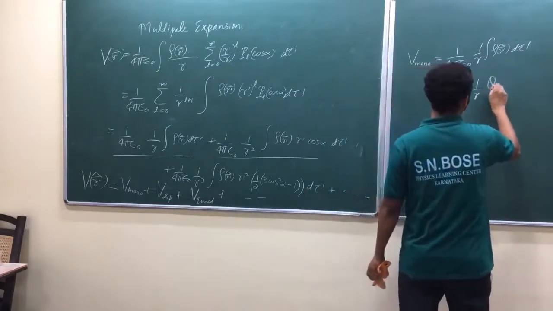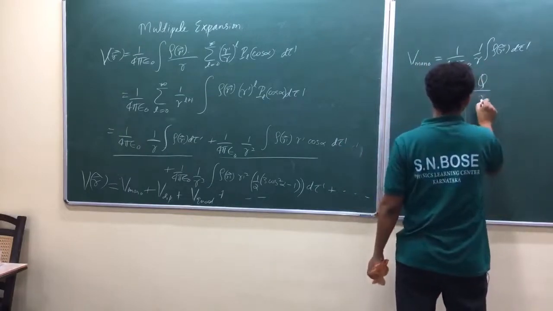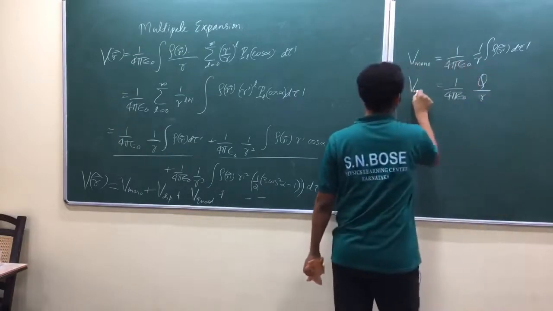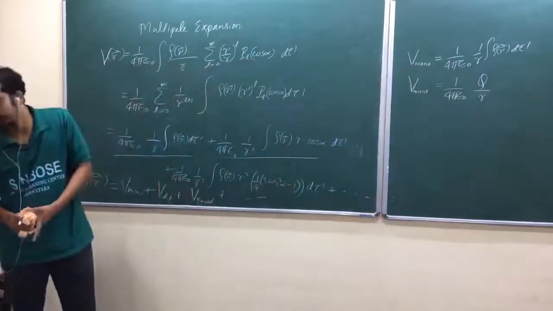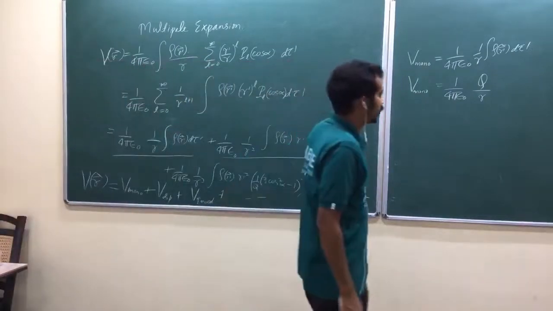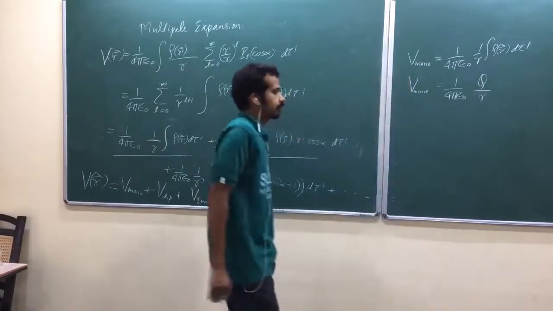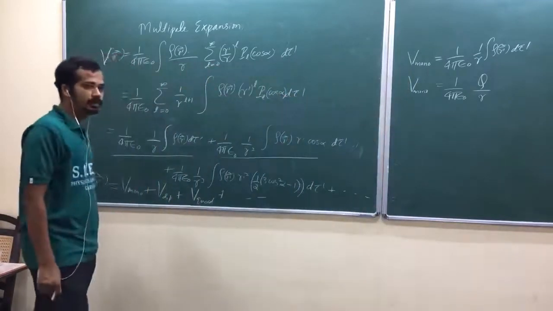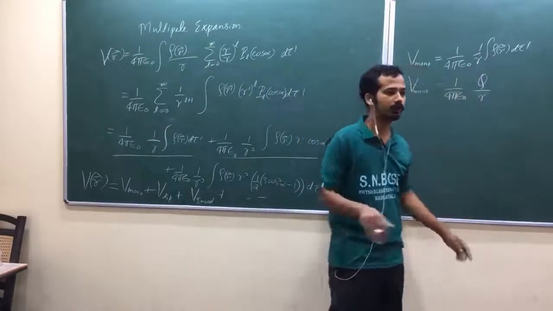So total charge, the total charge is Q. V mono. R is not the distance from the charge. R is the distance from the origin. Be careful. Now we call this total charge of the system the monopole moment.